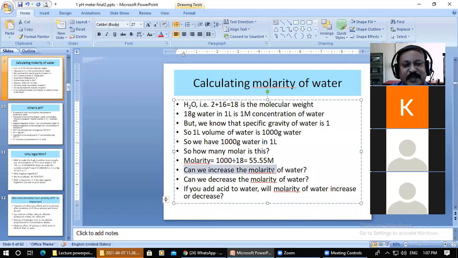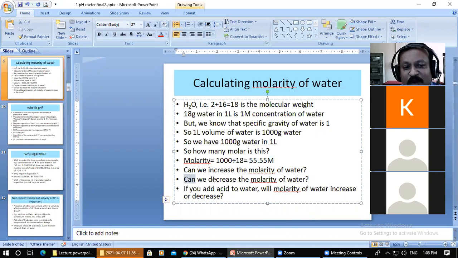The next question is, can we increase the molarity? How can we increase the molarity? There is no answer to this question. We cannot increase the molarity because this is the maximum molarity we can have for pure water. Pure water is 55.5 mole. We cannot increase it.